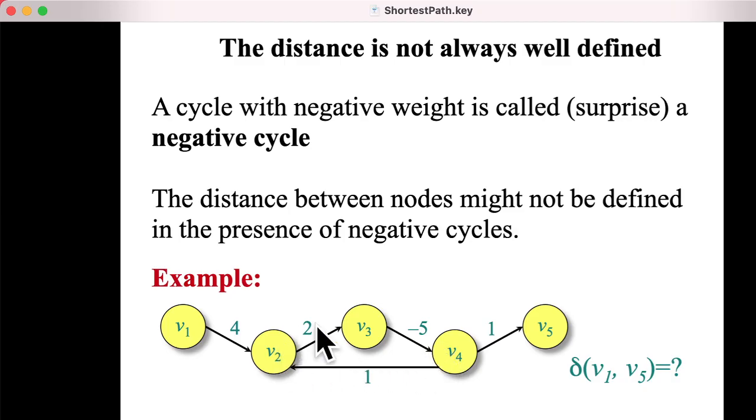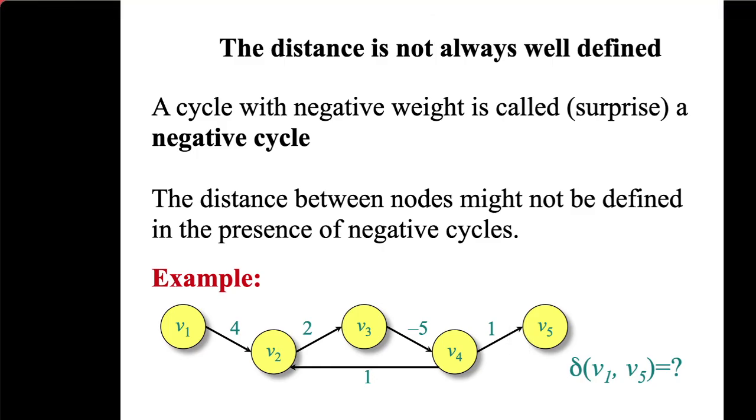So I earn something by walking around this cycle. And if I walk once again around this cycle, I'll earn even more. And if I go around the cycle once again, I'll earn even more. And so I can push it all the way down to minus infinity. Meaning the question of what is the minimum weight path from V1 to V5 in this graph just doesn't have any meaningful answer.